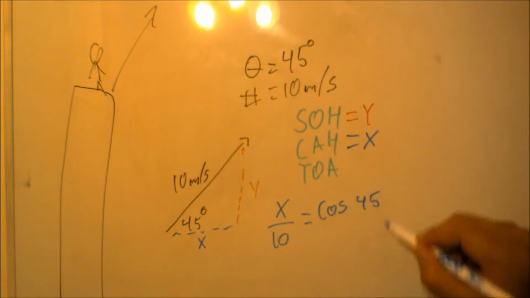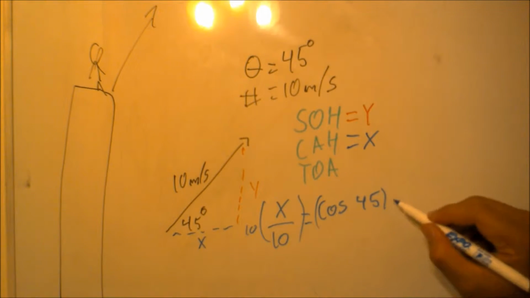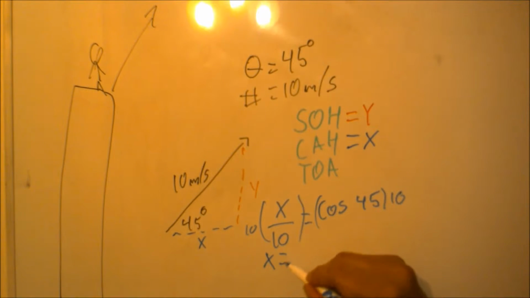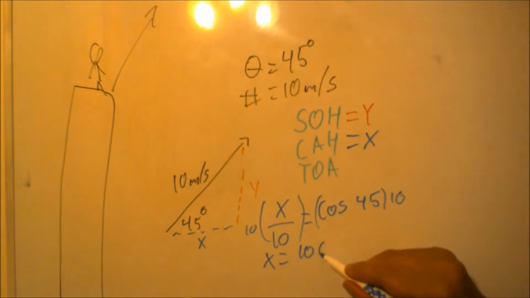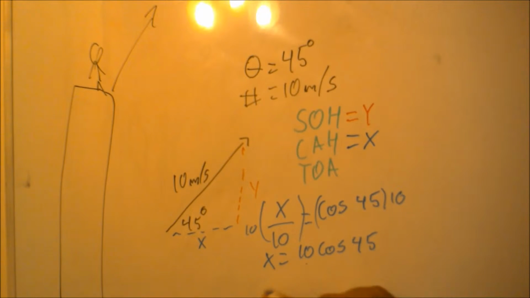Then we multiply both sides by 10. And now we know what x is. X is about 5.25 meters per second.